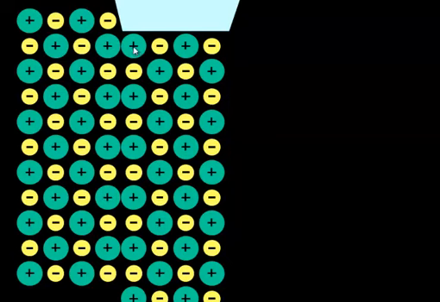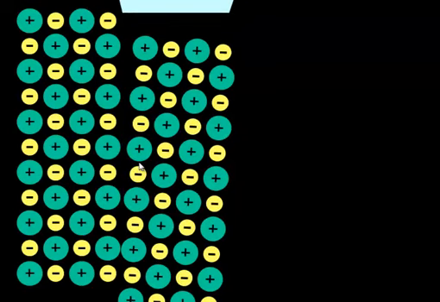Instead of positive negative, now I have positive positive, negative negative. Those are same charged ions. What will be the interaction between those? They are not going to like each other. They're going to repel, and it's going to fracture the crystal.